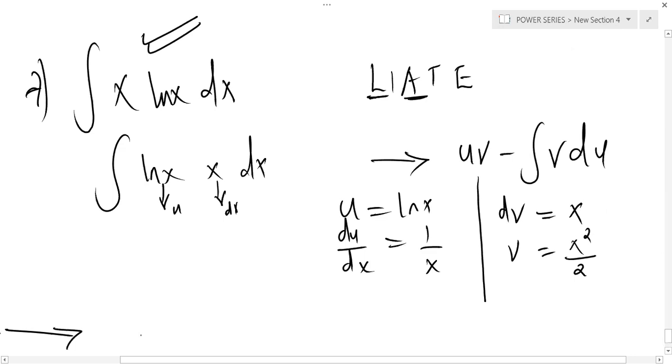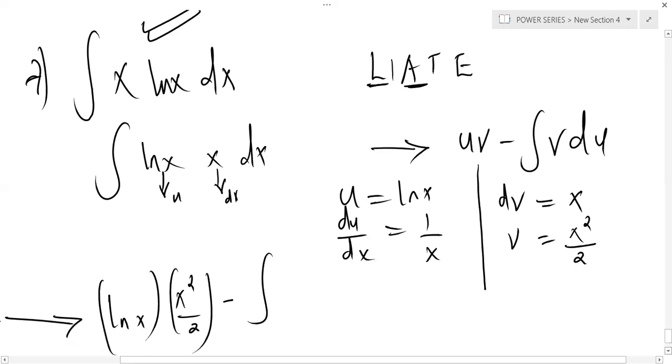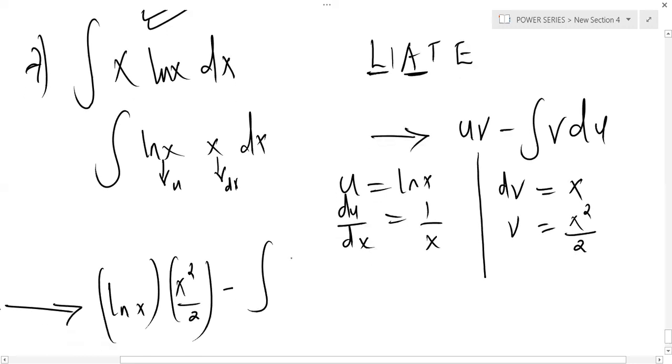U is ln x multiplied by v, which is x squared over 2, minus integral of v, x squared over 2, multiplied by du. Now come and see, if we make du the subject of the formula from here, du will be equal to 1 over x dx.